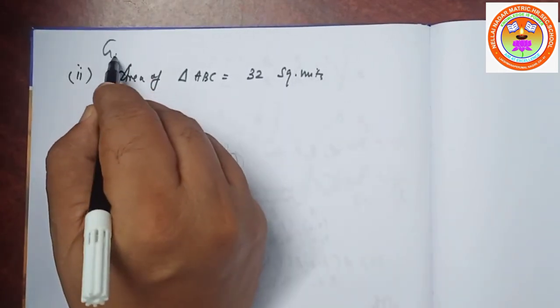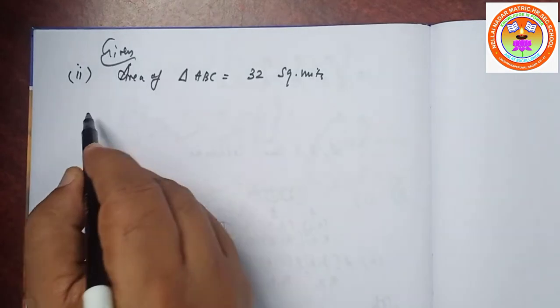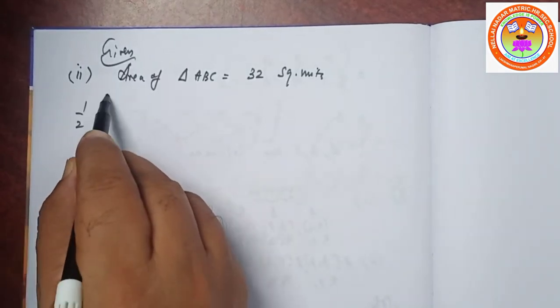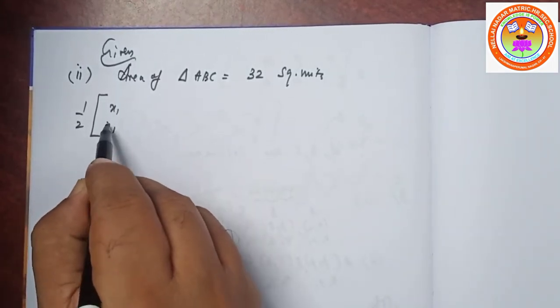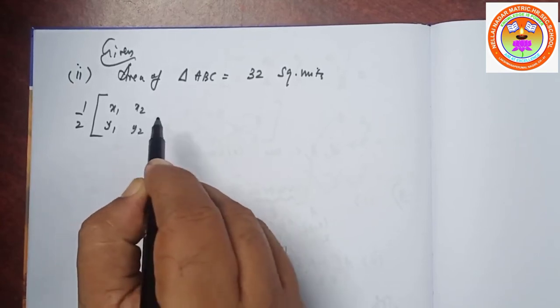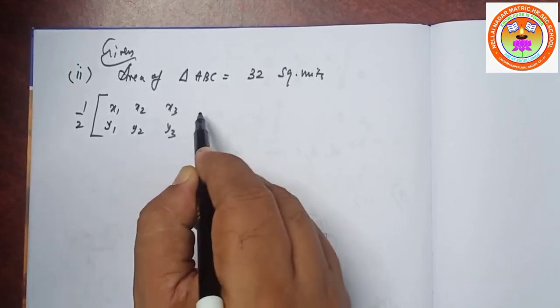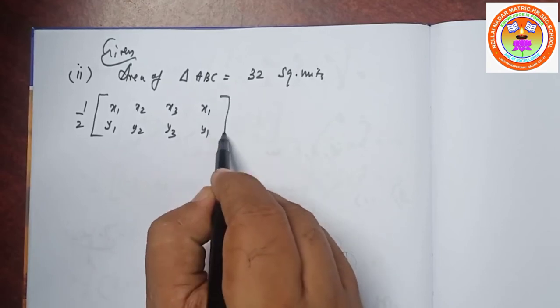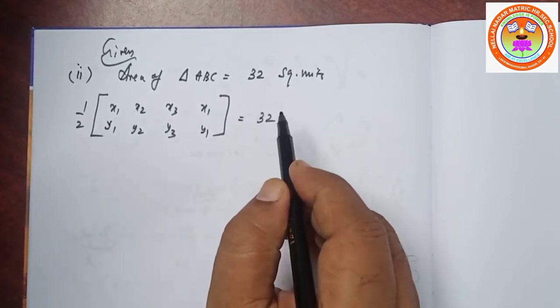It is given. Then write the formula in the next line: half x1, y1, x2, y2, x3, y3, again x1, y1, that is equal to 32 square units.